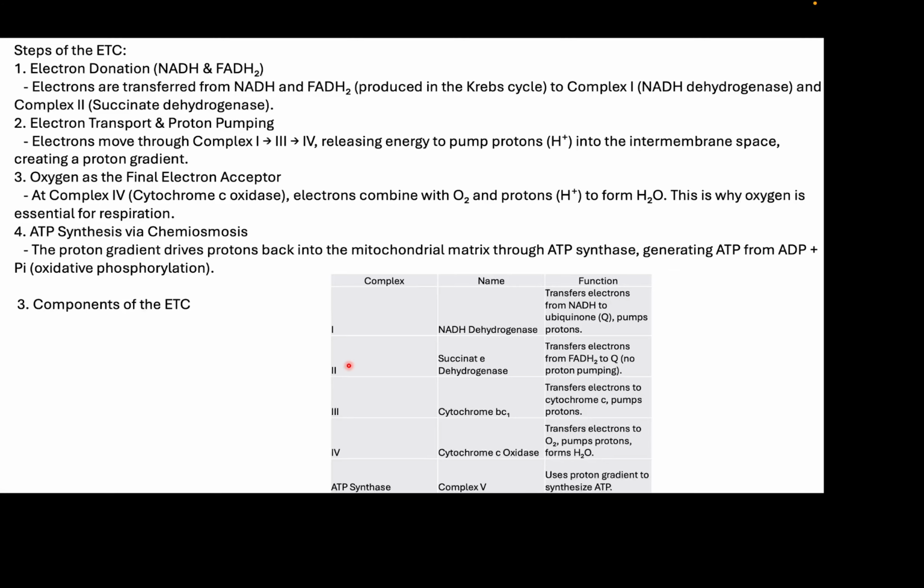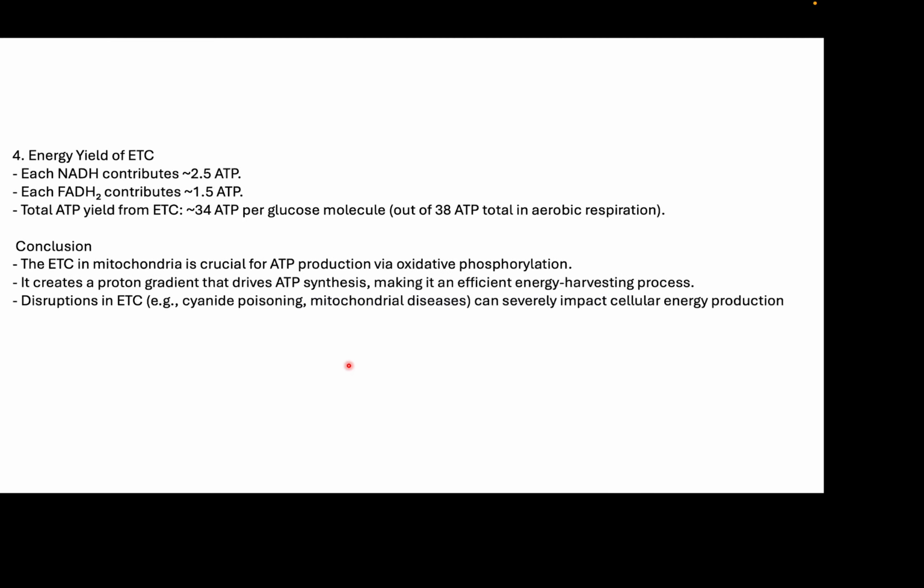So even with limited functionality of any of the complexes, the whole ETC process will be disturbed, and at the end it will lead to disrupted energy production. And the moment energy production is altered, our overall ability to work or function will be altered also.